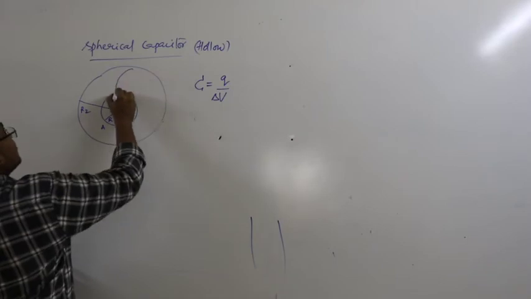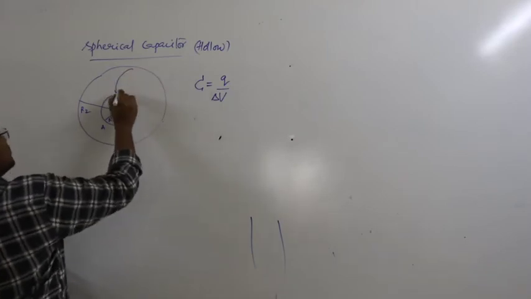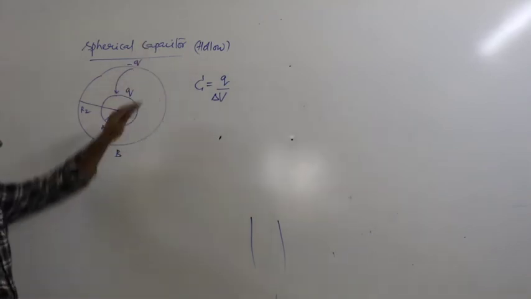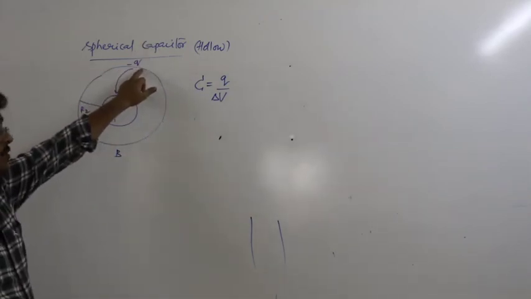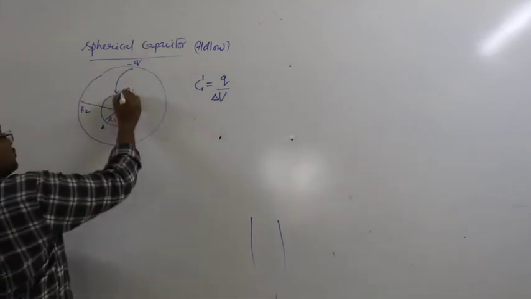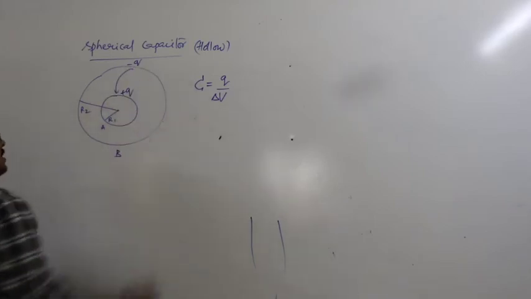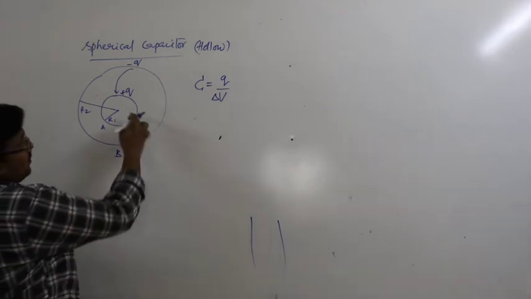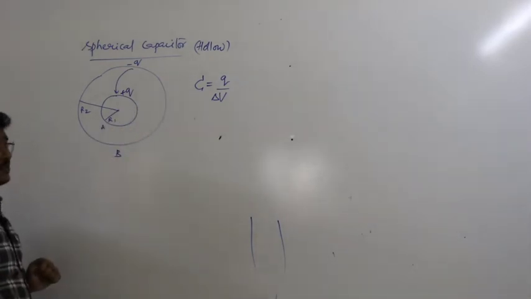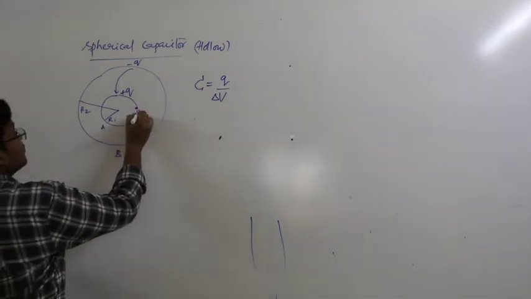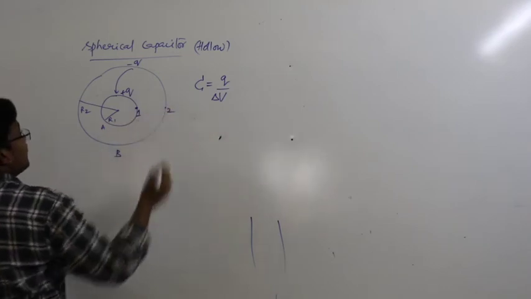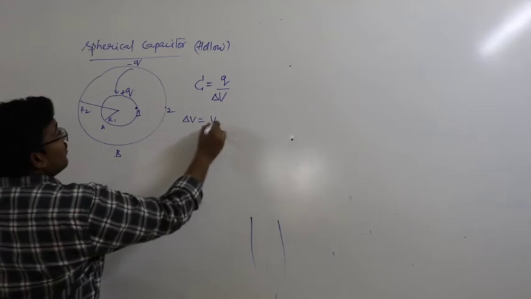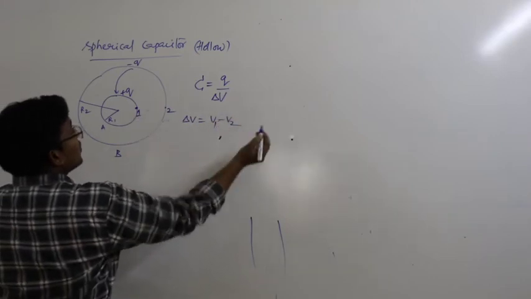Now we are giving some charge like this, so that this is plus Q and this is minus Q, because loss of charge will be negative. Okay, this plus Q is given here, it means this is negative. Now we are just finding the potential difference between the first plate and the second plate, and that delta V is nothing but potential at 1 minus potential at 2.